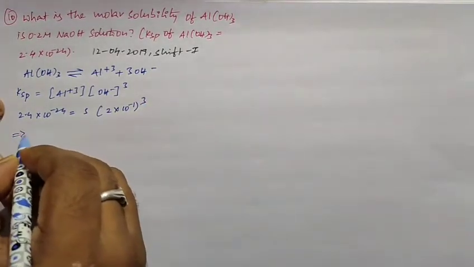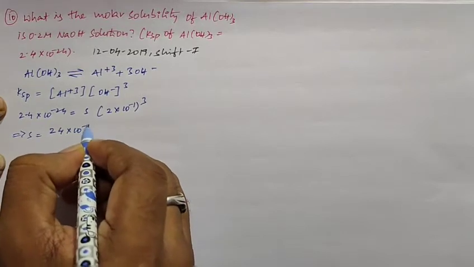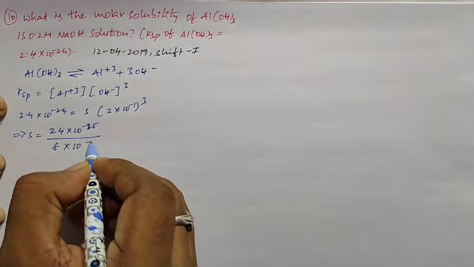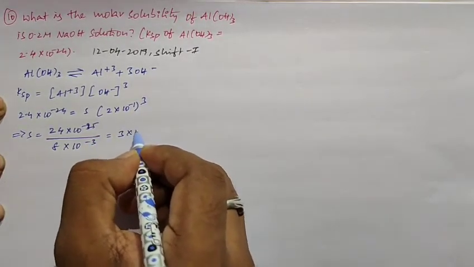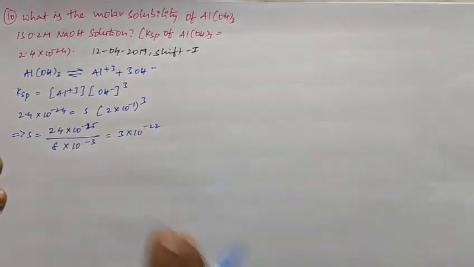Then solubility is equal to 24 into 10 power minus 25 by 8 into 10 power minus 3. After simplification, we get 3 into 10 power minus 22. So this is the solubility of aluminum hydroxide in a sodium hydroxide solution.